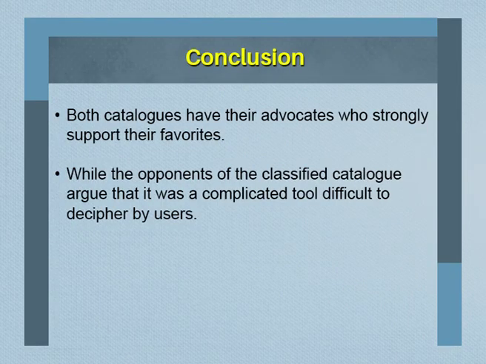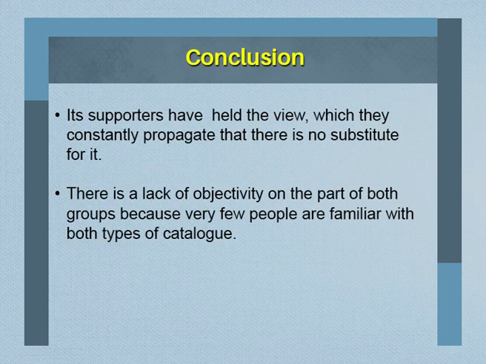So, here we can conclude that both catalogs have their advocates who strongly support their favorites, while the opponents of the classified catalog argue that it was a complicated tool difficult to decipher by users. Its supporters have held the view, which they constantly propagate, that there is no substitute for it, and there is a lack of objectivity on the part of both groups, because very few people are familiar with both types of catalogs.